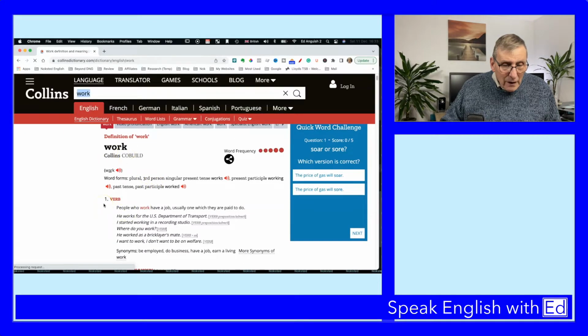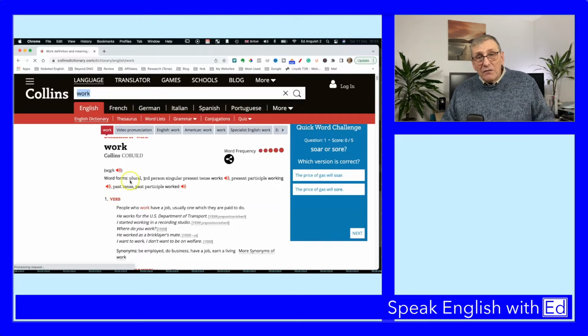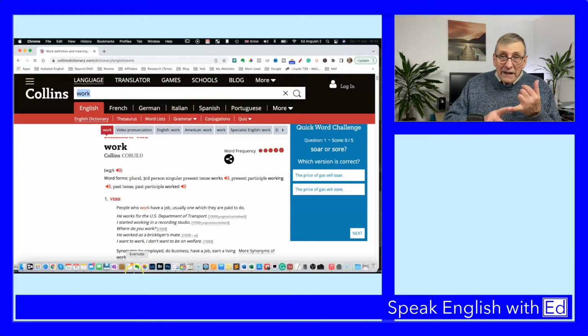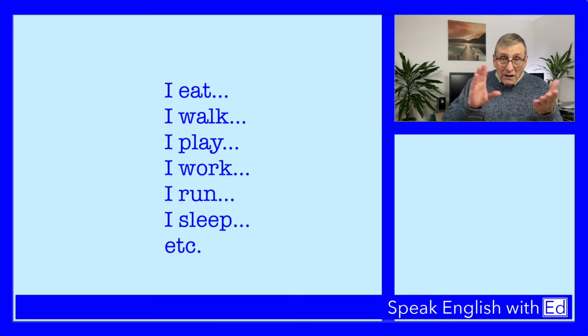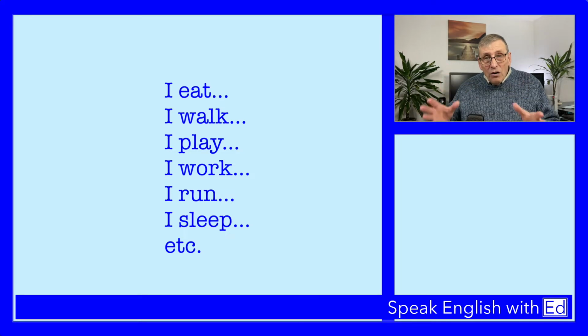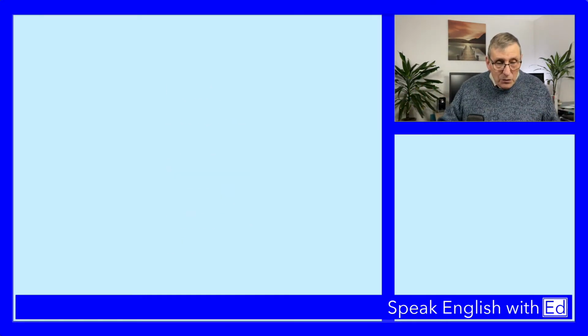Now the same applies for most of the other verbs as well. So you can say I eat, I walk, I play, and I work, of course. They're all basic root forms of the verb. So it's just straight what you see in the dictionary, and that's what you use.